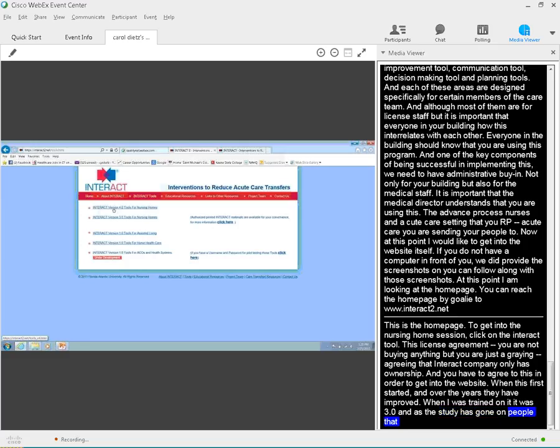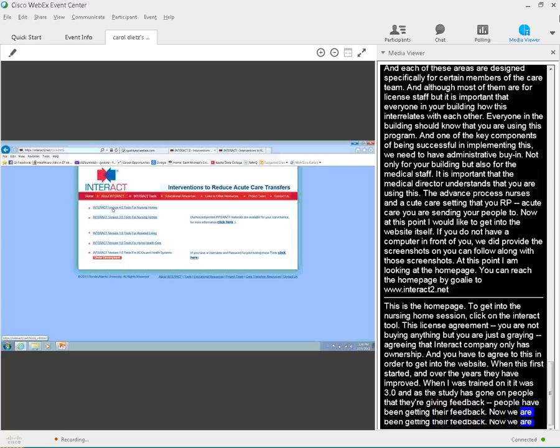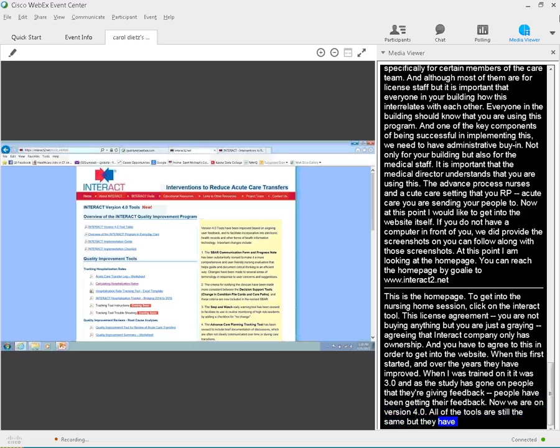So as different versions come on, they will increase the numbers. So now we are actually at Interact version 4.0. All the tools are still the same, but they have improved upon them. So we want to click on Interact 4.0.